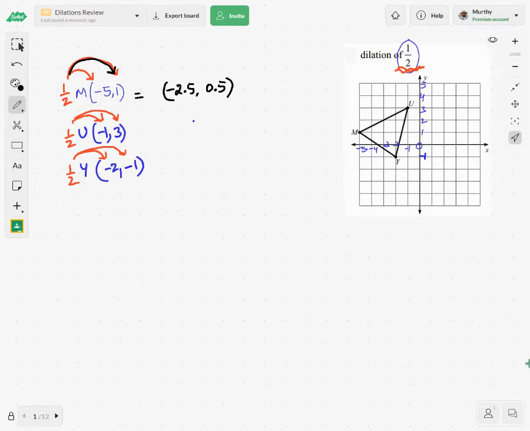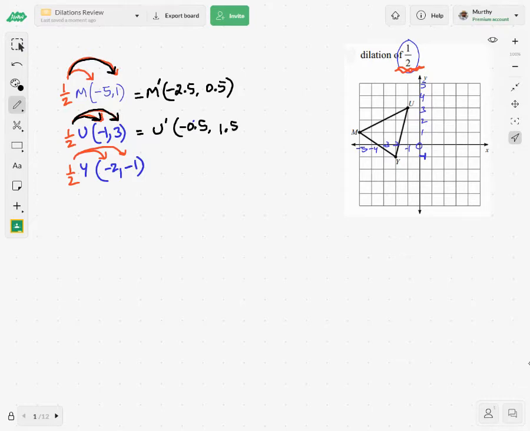My apologies, I forgot to label it as M prime. Now the U prime values: half of -1 gives me -0.5. Next, half of 3 is 1.5.